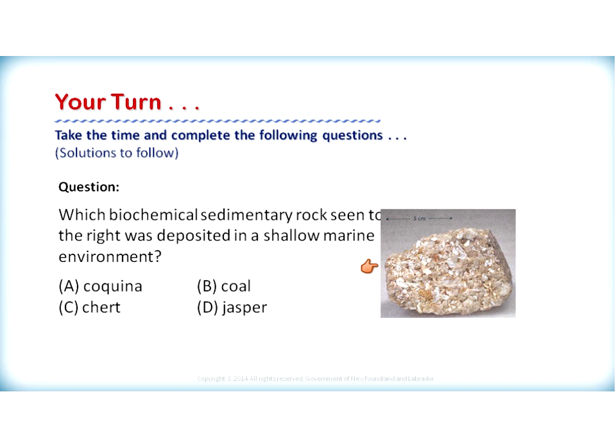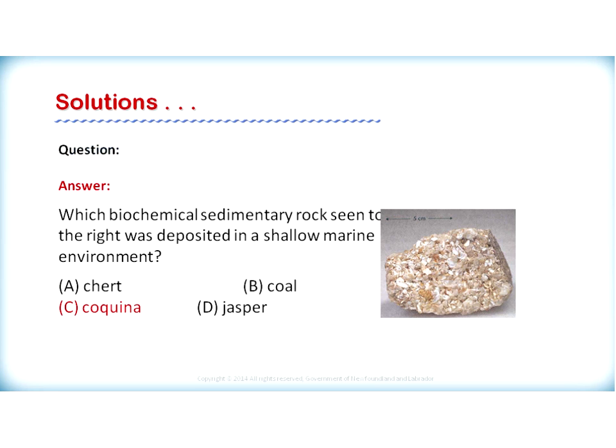When we look at our choices, we have coquina, coal, chert, and jasper. We see that coal forms from once living plant material. Chert and jasper are two forms of silica, microcrystalline silica deposits. So the answer to this question will be A, coquina.